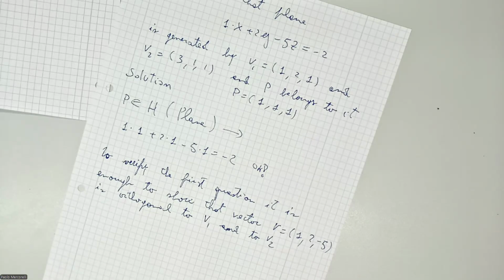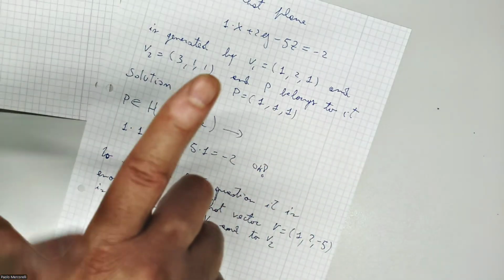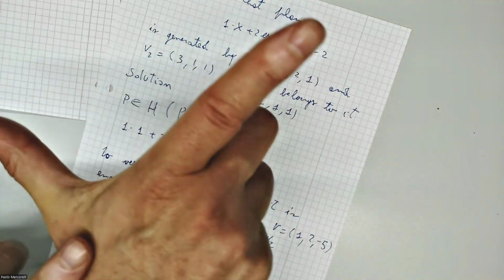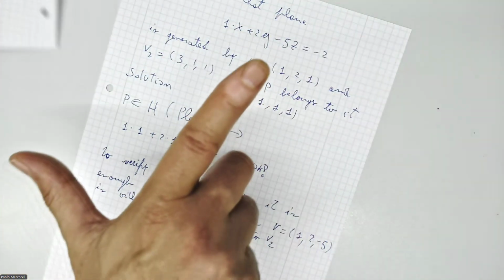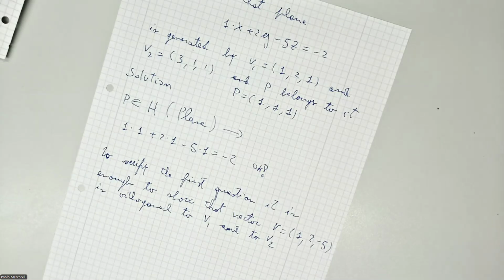it should be demonstrated, this is okay, no? This is not wrong, that any linear combination of V1 and V2, because generated by V1 and V2 implies, you remember from my mimic, that this means not only the vectors, but the set generated by the vectors.